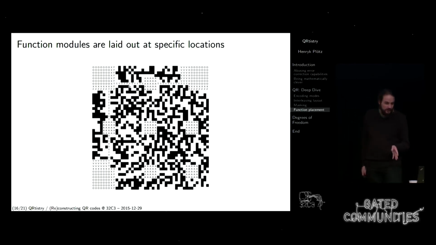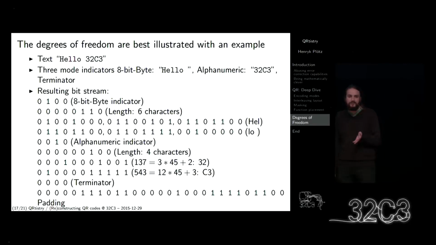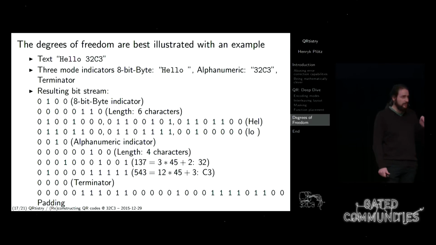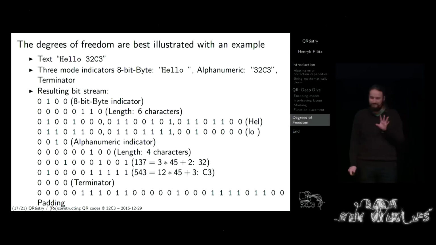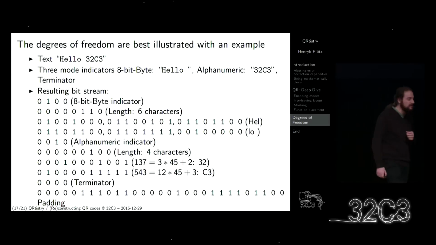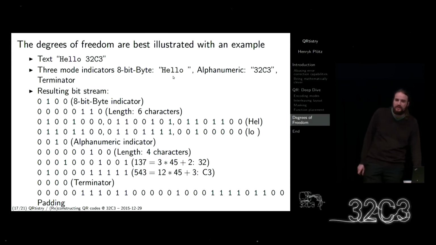To show you how many degrees of freedom you have, it's best to use an example. I'm just encoding the text hello 23C3. And using these mode indicators, I would split this into two different sections. One has 8-bit bytes because the normal alphanumeric doesn't have lowercase characters. So I'm using 8-bit bytes for those characters, alphanumeric for those characters, and then there's a terminator.